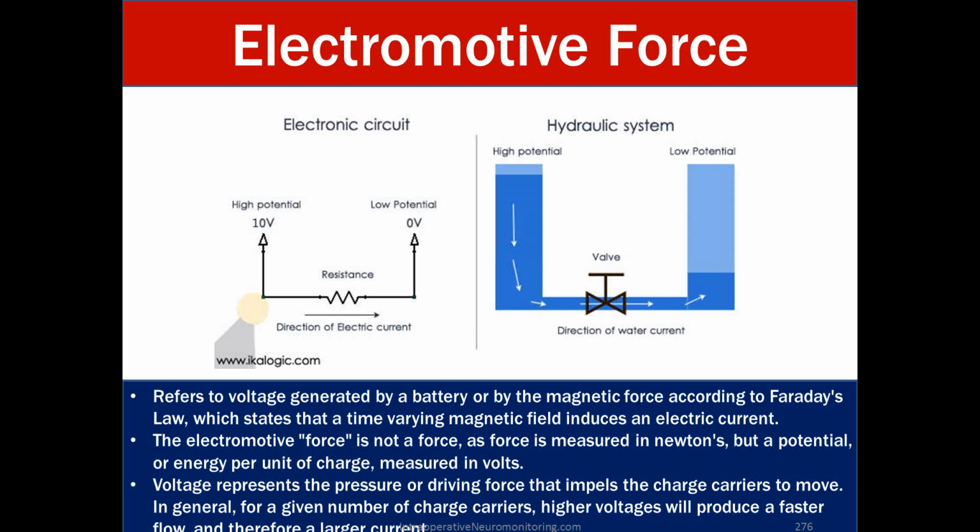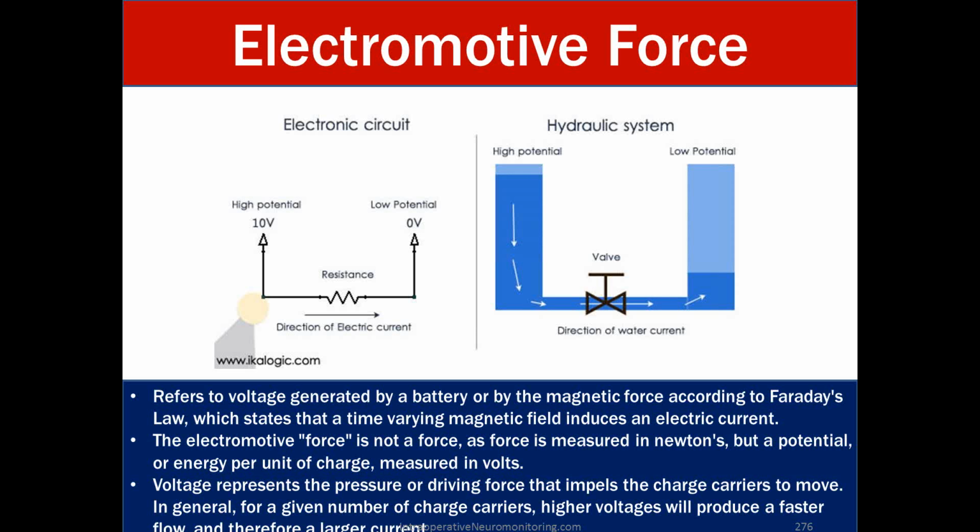Electromotive force. This is kind of an older term, but we should probably know it for the CNIM. It refers to the voltage generated by a battery or by the magnetic force according to Faraday's law, which states that a time-varying magnetic field induces an electric current.